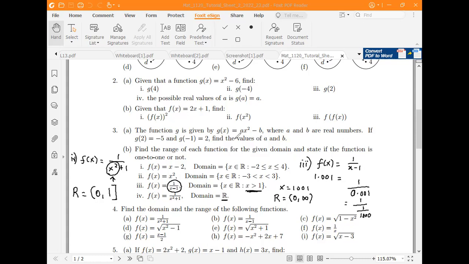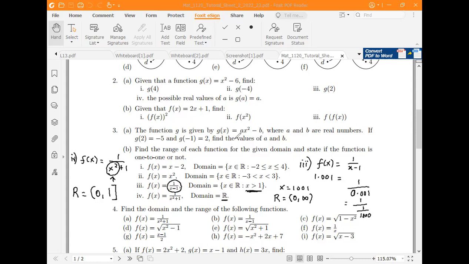And then for E, I want you to find x that will make f to be undefined.